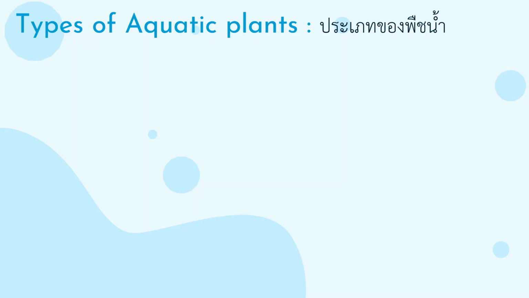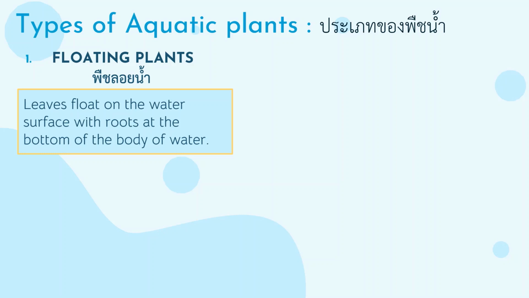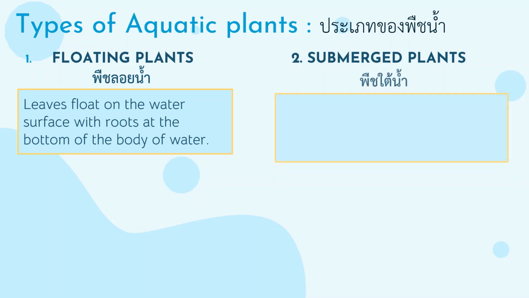There are three types of aquatic plants. Number 1. Floating plants. Leaves float on the water surface with roots at the bottom of the body of water. Number 2. Submerged plants.